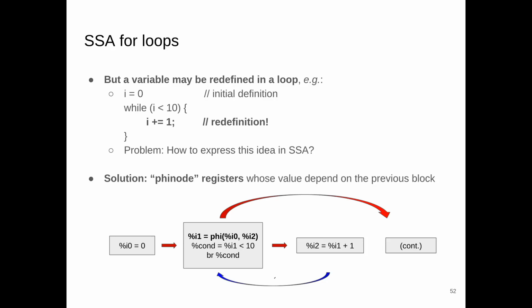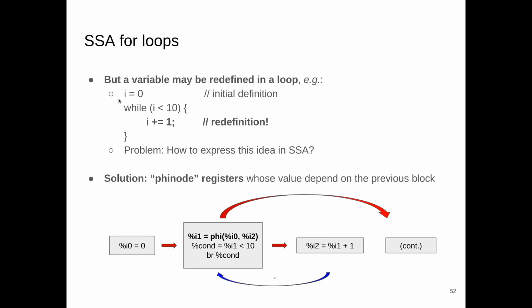Now let's turn to something a little bit deeper technically. So now we can raise a question. It is very good to define registers only once, but maybe it is impossible for loops. Let's see this example here. We are going to define a local variable i.